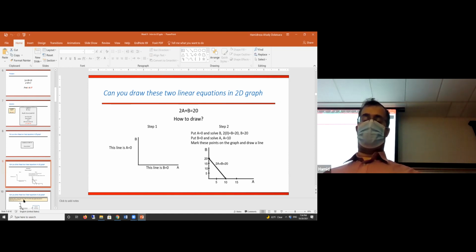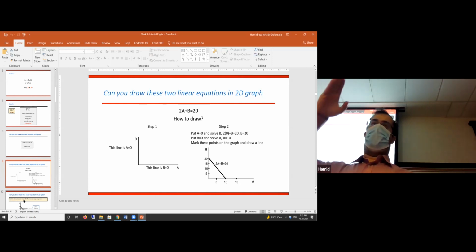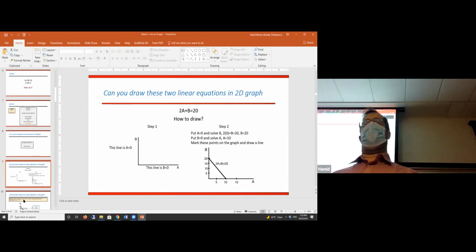If you want to draw the line, one time you would say, what if my A is 0, so B equals 20? The line that represents 2A plus B equals 20 intersects the B axis at the value of 20 and intersects the A axis at the value of 10.